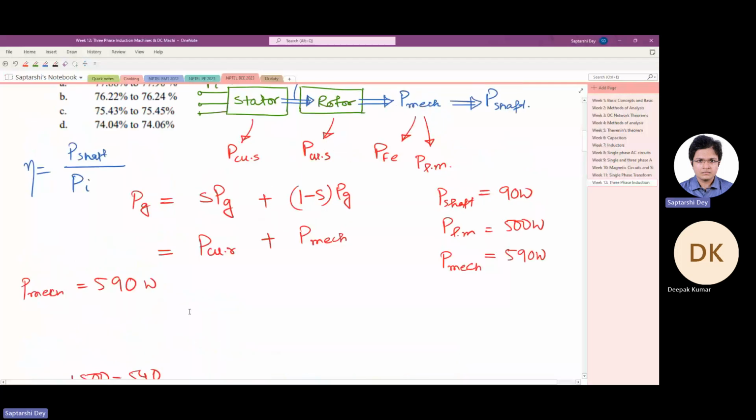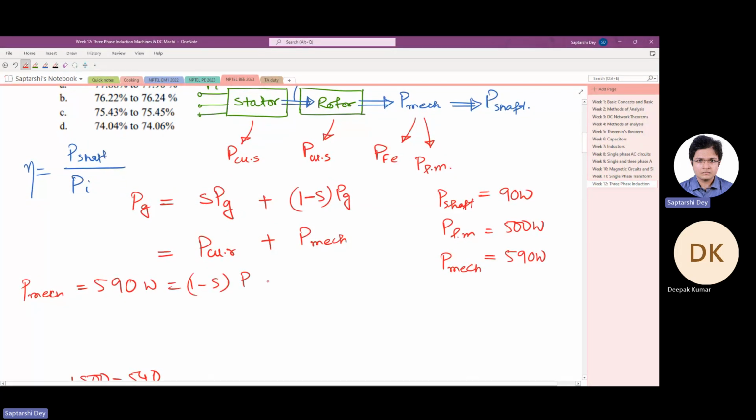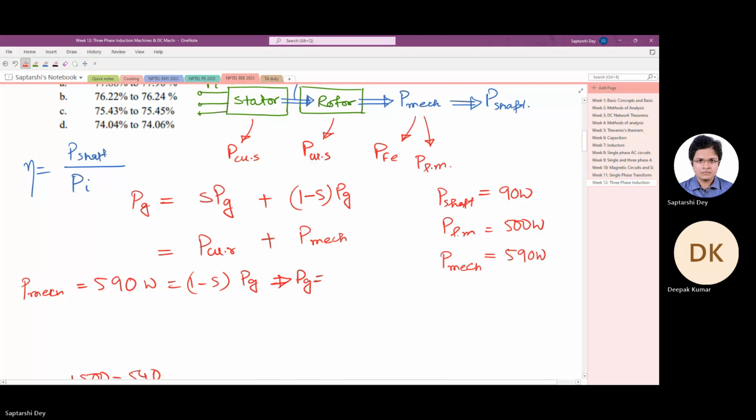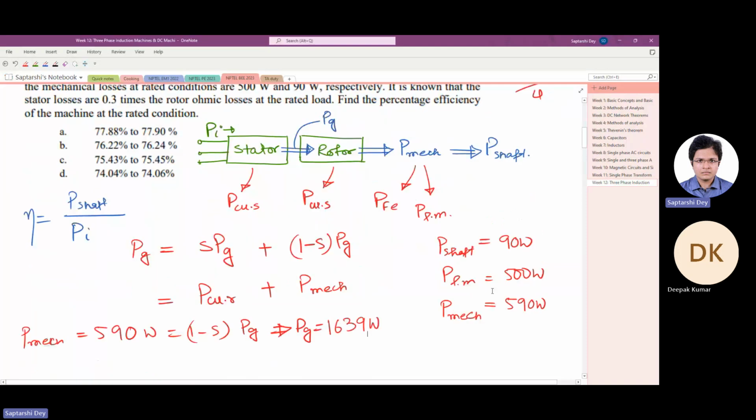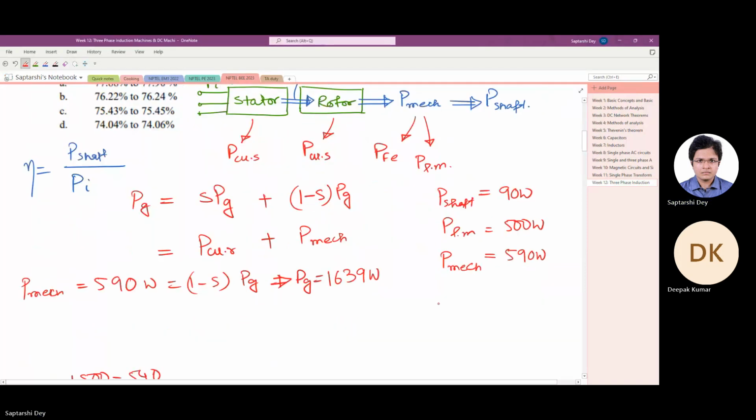S they have given. Now Pmech, as I said, is (1 minus S) times Pg. So from here we can find out Pg is 590 by (1 minus S), which is 1639 watt. So 1639 watt was coming to the rotor, of which we could get only 590 watt at the shaft.